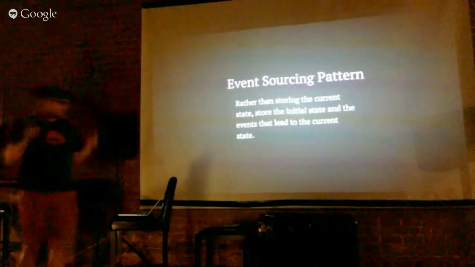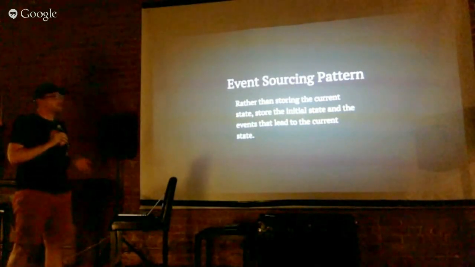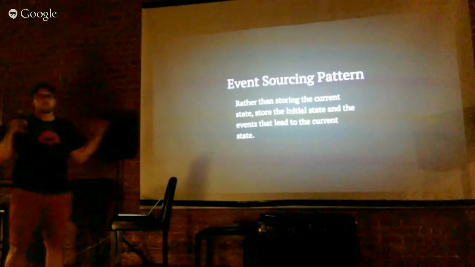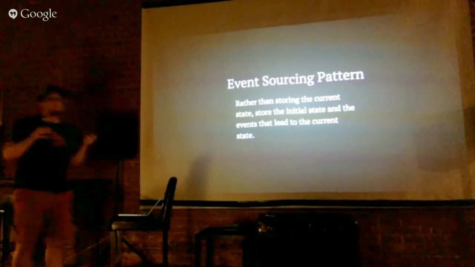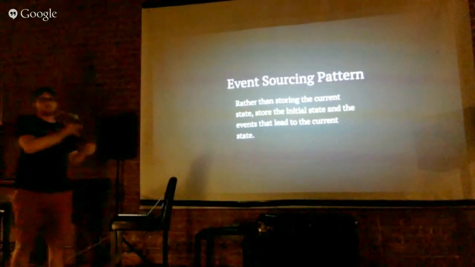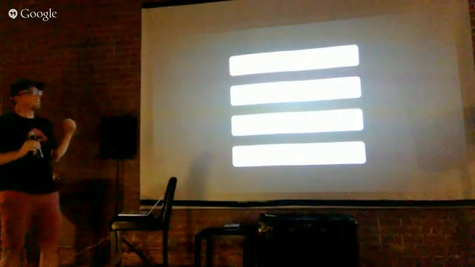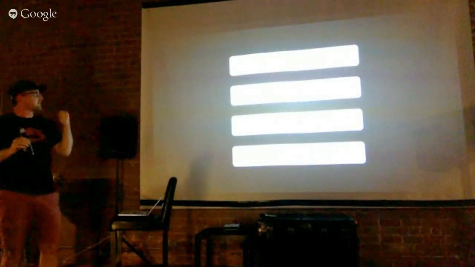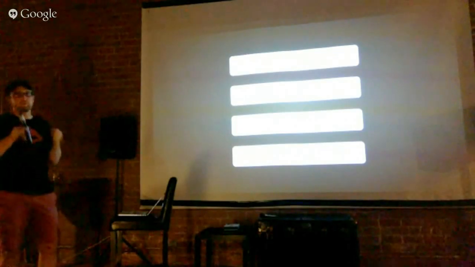Last theory thing, the event sourcing pattern, which is basically rather than storing the current state, as you normally would, you store the initial state, and then you store the events that lead up to the current state. It's better with an example. Your initial state could be 0. You have an event that is +3. You have an event that's +1.